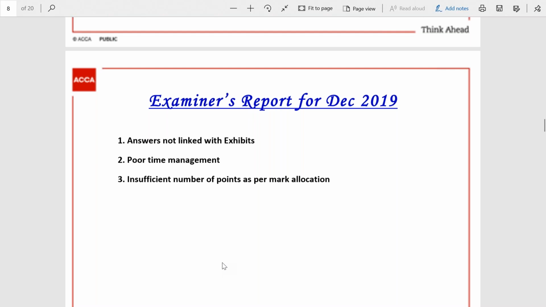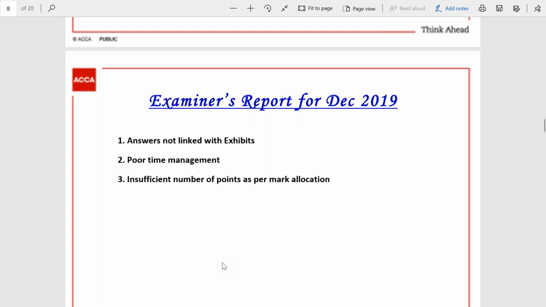So if we all want to pass SBL, it's very important that we know why the examiner fails innocent students like you and me. If we know why the examiner fails us, we can then nail it, right? So let's go to the examiner's report for December 2019.